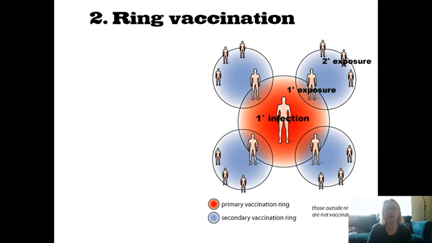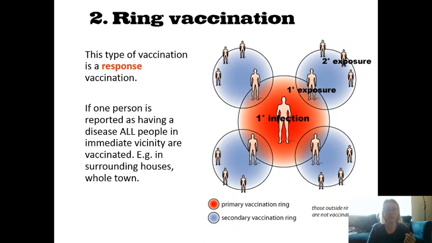The other type of vaccination program that can be used is ring vaccination. So this tends to be a response. Say an epidemic starts in a particular area and they want to contain that epidemic to prevent it from spreading, then they can use ring vaccination. So it's response vaccination.